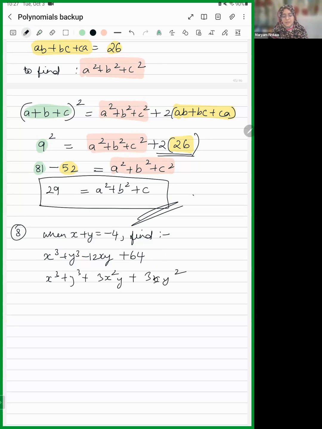That means you won't get an xy term. The terms you will get will be x square y and xy square. But here you are getting an xy term, right? So that is also a problem. This means the identity we have to use here will not be a plus b whole cube or x plus y whole cube.